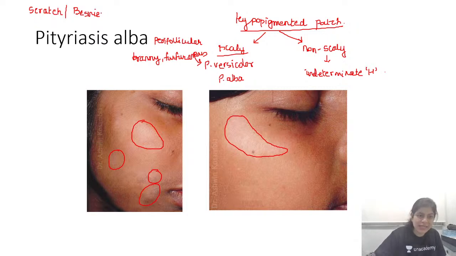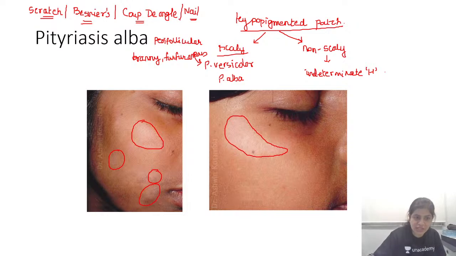So, scratch sign, Besnier sign, also called the Coup d'ongle sign, also called the nail sign. So there are four names to this sign: scratch sign, Besnier sign, Coup d'ongle sign, and nail sign. They all are seen in patients with pityriasis versicolor.